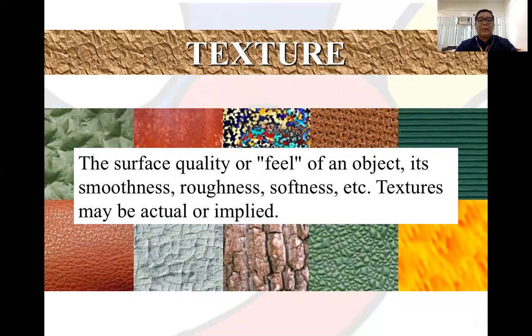But it may also be actual, such as those that you can tap, you can actually touch. For example, we have sculpture, okay? Or architectural masterpieces or forms. So when you touch these masterpieces, you could feel the texture, okay? And again, texture has a specific meaning, or it may also contribute to the understanding of the meaning of a certain art.